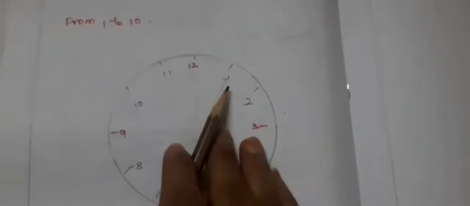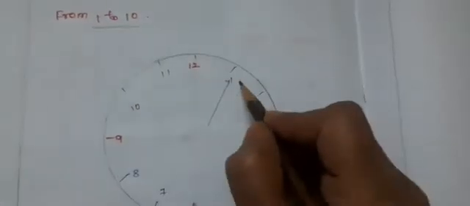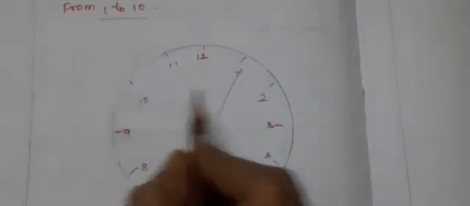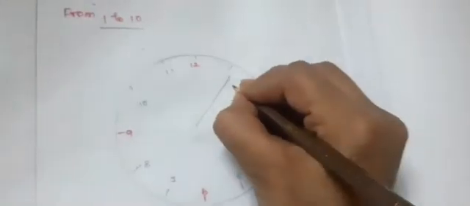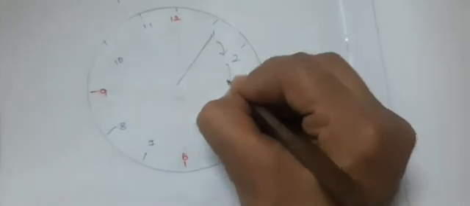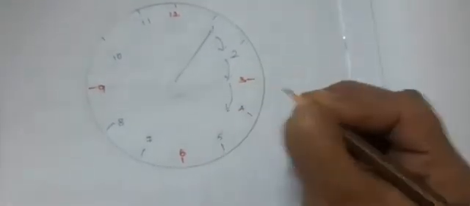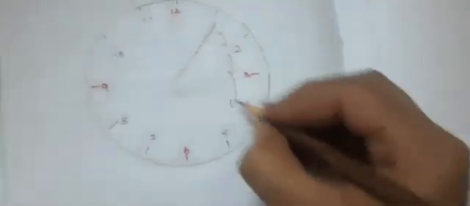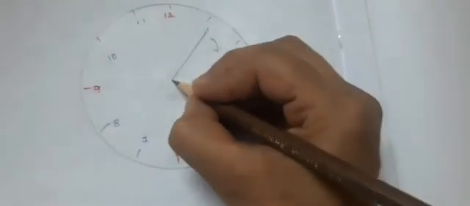Now here is an example in your textbook. From 1 to 10 we have to travel and we have to find out what is the revolution that the time takes from 1 to 10. We are going to move in clockwise direction, 1 to 2, 2 to 3, 3 to 4. So when we reached 4, it forms 1 by 4th of the revolution.